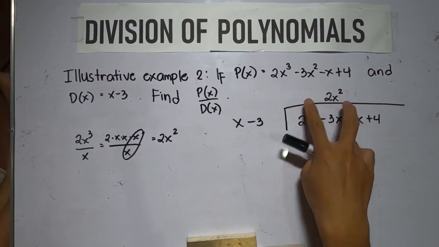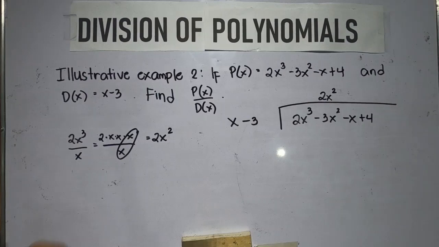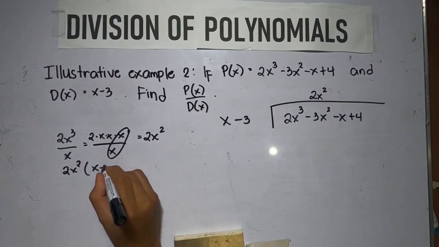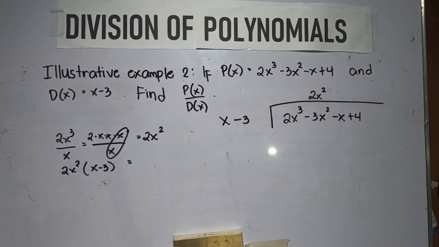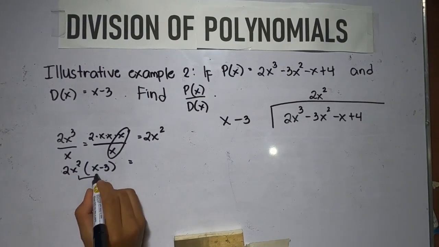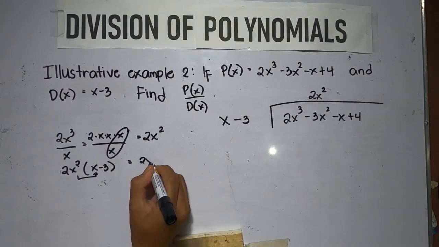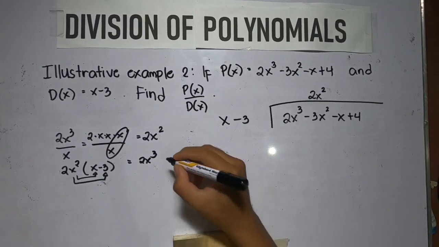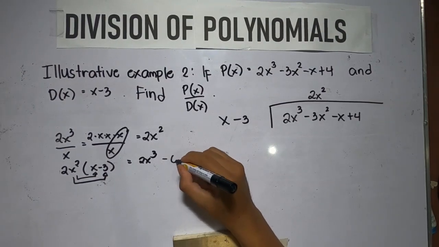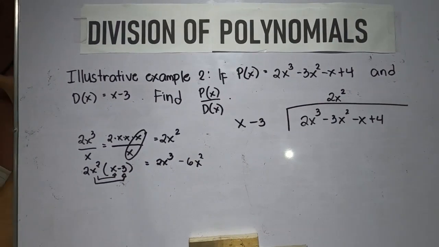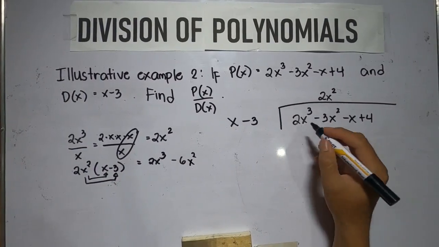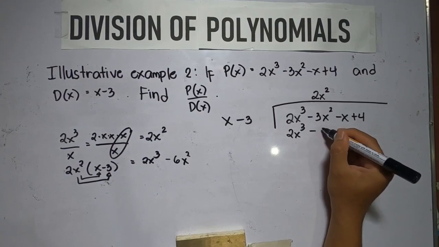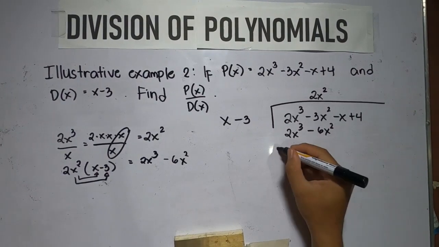Multiply the result by the divisor, that is 2x squared multiplied by x minus 3. By distributive property, 2x squared times x is equal to 2x cubed. 2x squared times negative 3, that is negative 6x squared. Then write the result under the dividend: 2x cubed minus 6x squared.